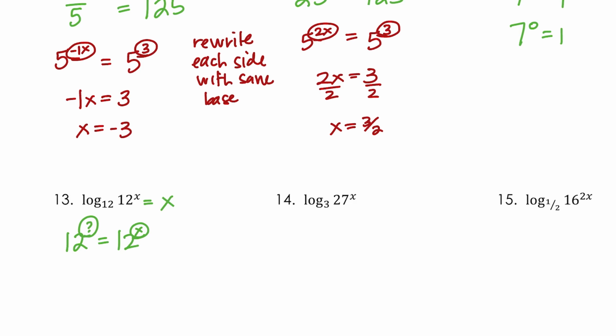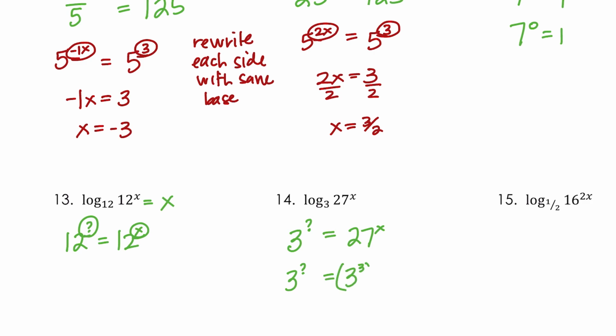Number 14, 3 to what power is 27 to the x? So we have a question mark and this x. It's not as easy as the one we just did. What I'm going to do with this one is say 3 to the question mark equals 3 cubed.